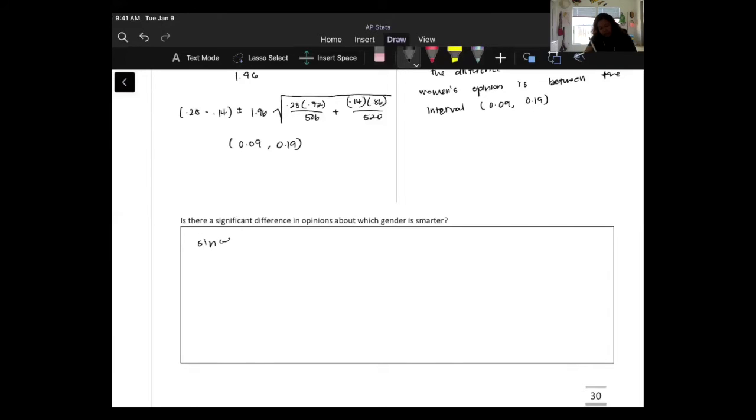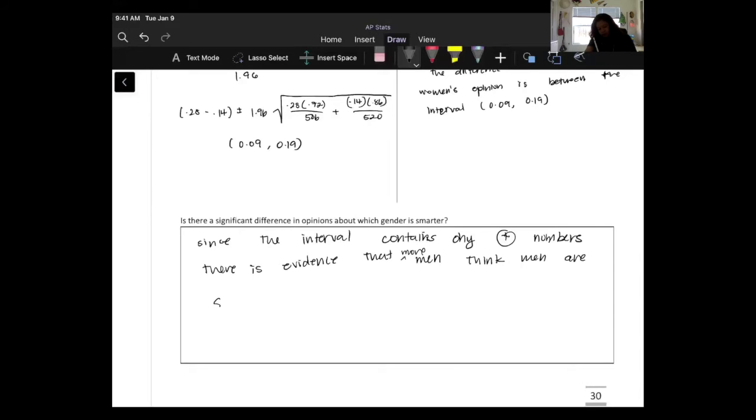So since the interval contains only positive numbers, there is evidence that more men think men are smarter than women. Okay.